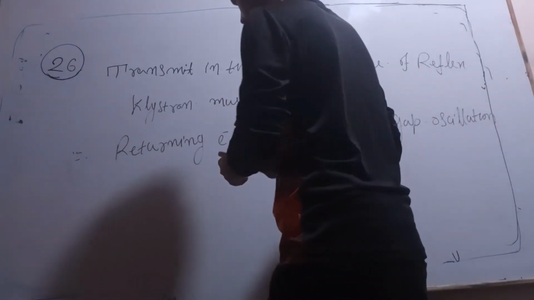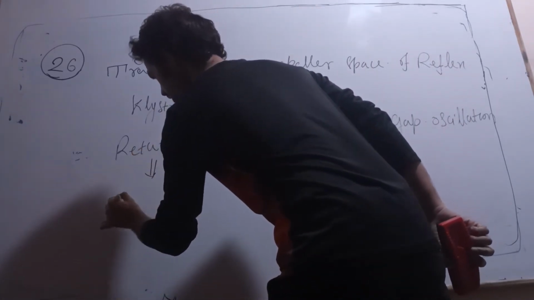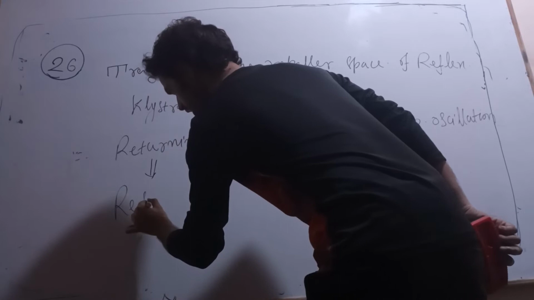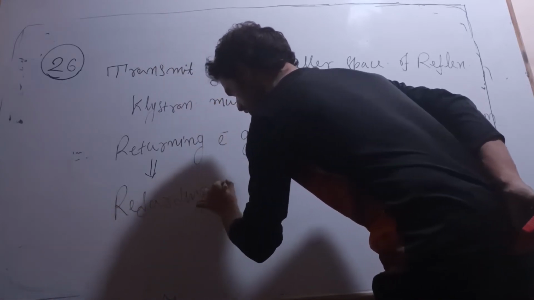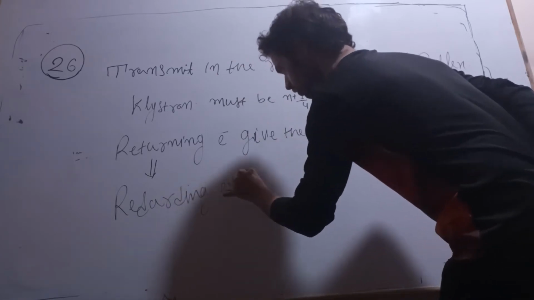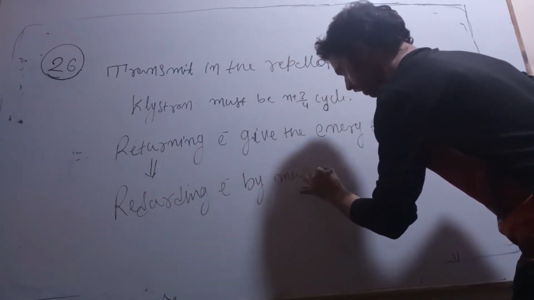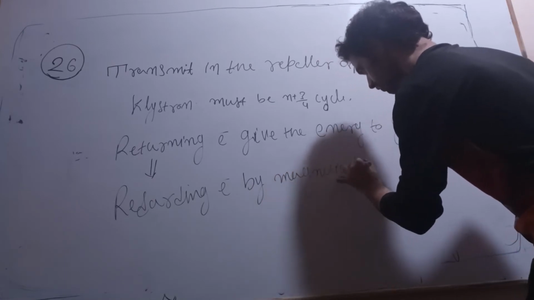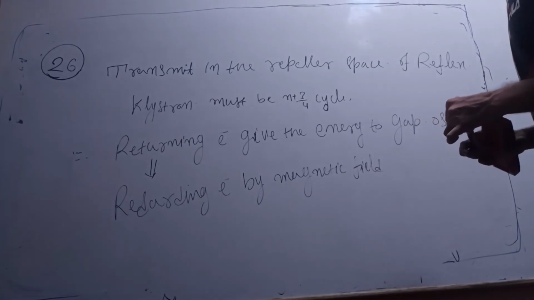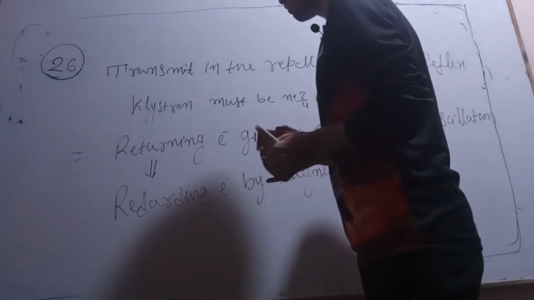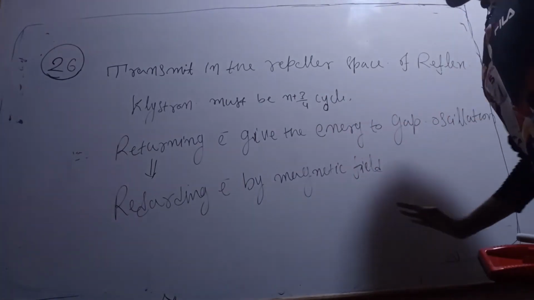This returning electron, or you can say this is actually a retardation. Retarding electron by magnetic field will release the energy to the RF signal.